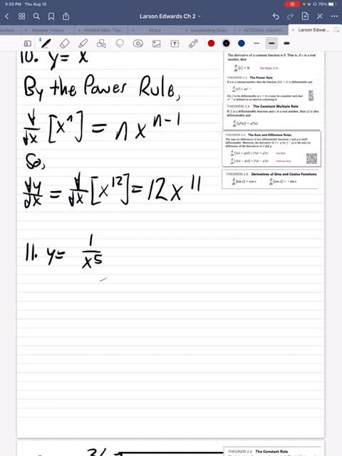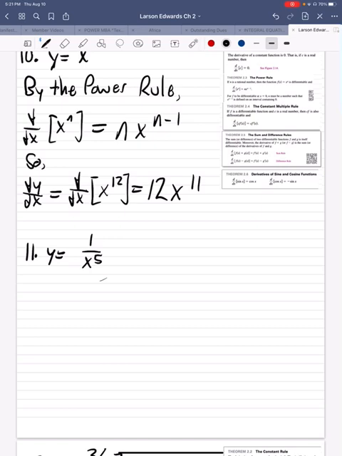It's in the denominator. So we will write by the power rule this time. But just really quickly, I want you all to remember that when you have a power of x in the denominator, or an exponent in the denominator of anything, then that's the same as taking something to the negative power.